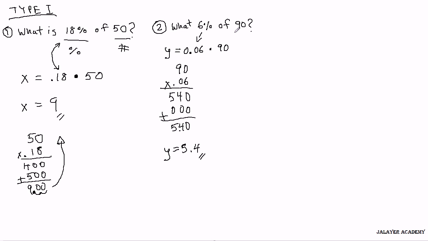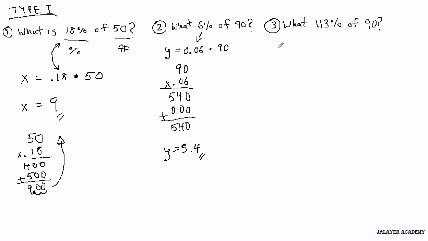Let's do one more. Problem 3. What is 113% of 90? So this is weird, right? I wanted to throw this in here so that you get to at least see a case where something is more than 100%, and usually something like this will throw you, but you just have to apply the same method that we used for questions 1 and 2.